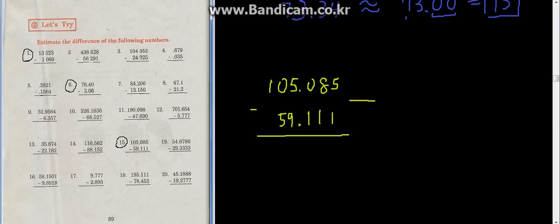Okay, we are trying to estimate the difference. So first we round them off. We look at the minuend. The biggest place value for the minuend is the tens place, right? So we decide to round all the numbers off to the tens place.